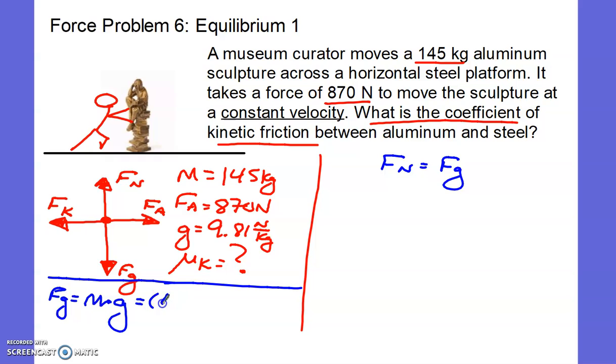Our mass is 145 kilograms. g is 9.81 newtons for every kilogram. And we get that the gravitational force comes out to be 1,422 newtons. So therefore, that is also the normal force.